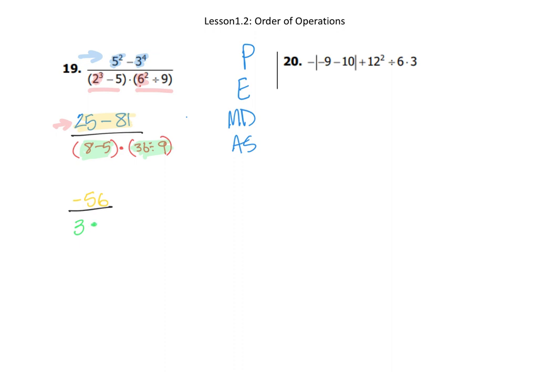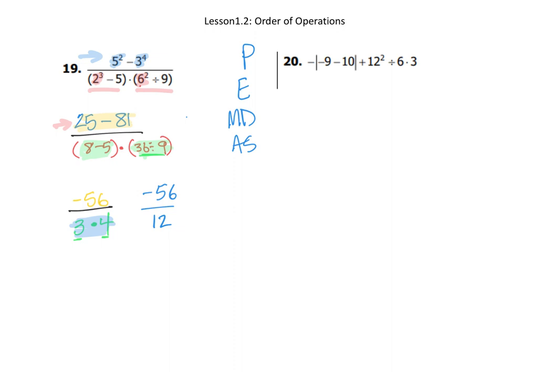I'm going to put my times dot, and 36 divided by 9 is 4. Now we're still not ready to divide yet because my denominator still has 2 terms, even though my numerator has 1 number. So we're going to multiply 3 times 4 in the denominator before we divide. So 3 times 4 is 12, and we still have negative 56 in the numerator.